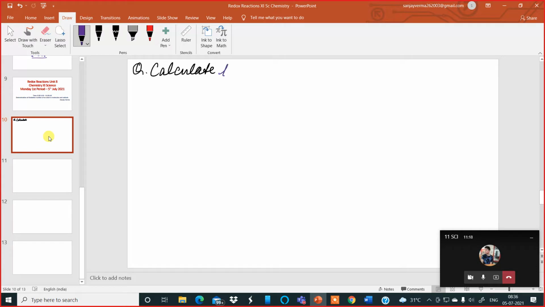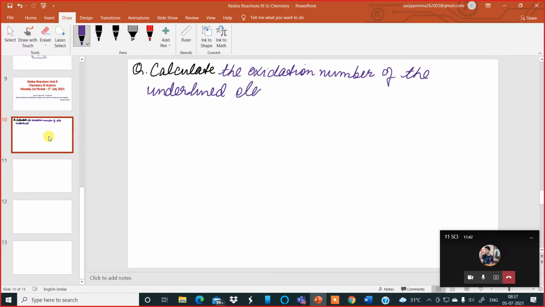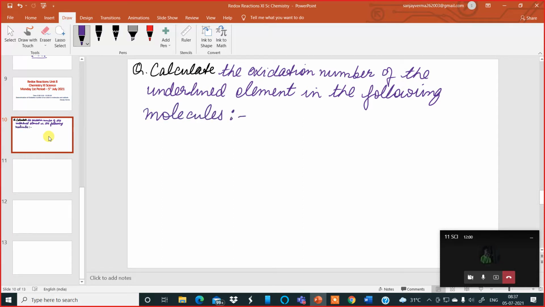Calculate the oxidation number of the underlined element in the following molecules. Please copy it down.